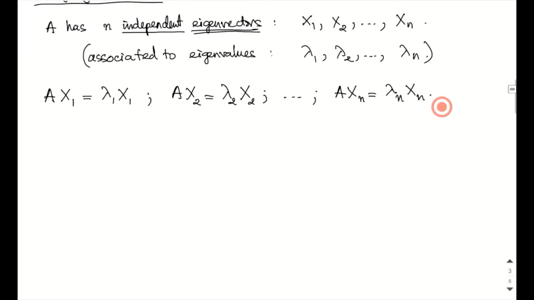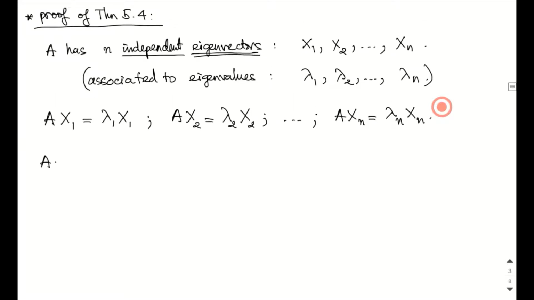Now let's consider A multiplied with the matrix Q. It's the same as you multiply A with the matrix whose columns are x1, x2, xn. That's how we set up the Q, right? Now, by matrix multiplication, we know that multiplying two matrices together is the same as multiplying the first matrix by each of the columns of the latter matrix.